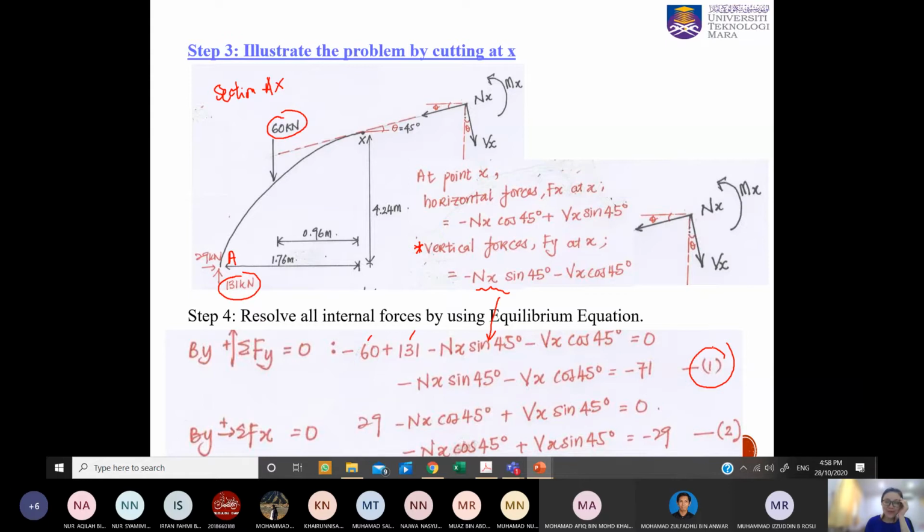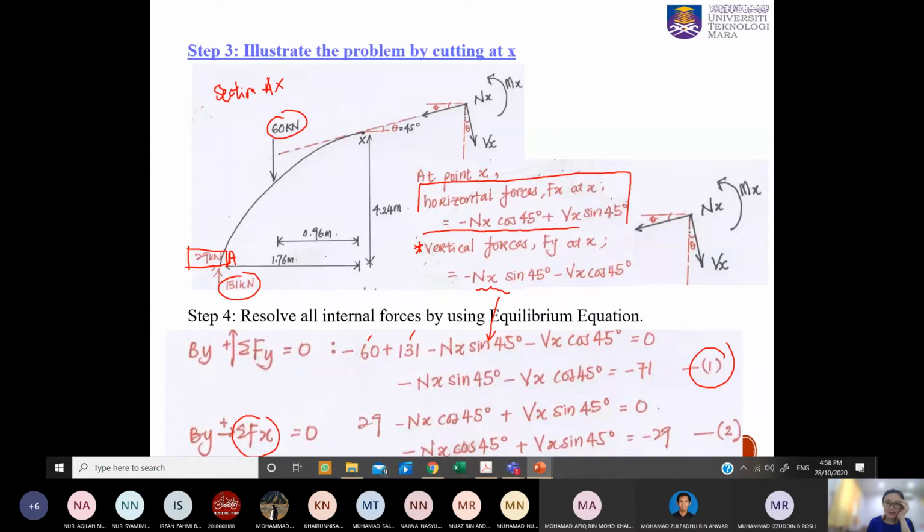Okay, thank you. So now I would like to quickly proceed to summation Fx. I look at, maybe I use rectangle right now. I have horizontal force 29 kilonewton and the horizontal force at x.